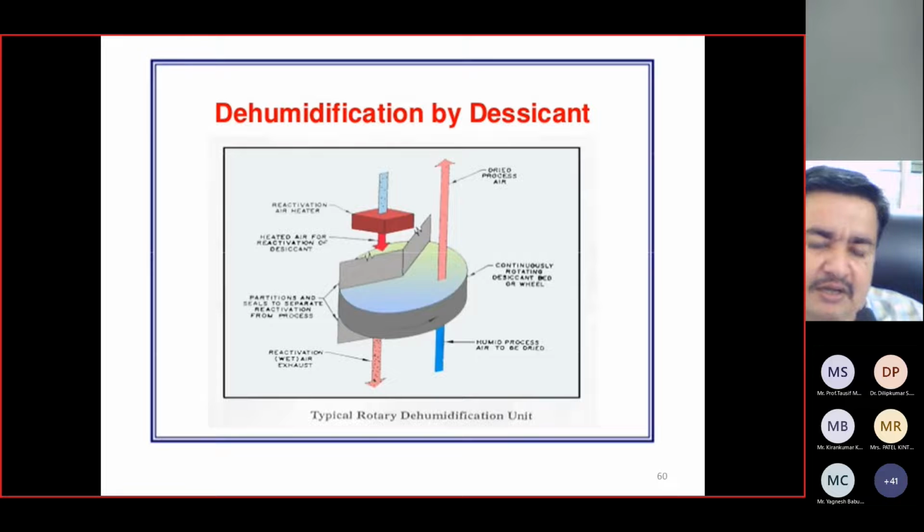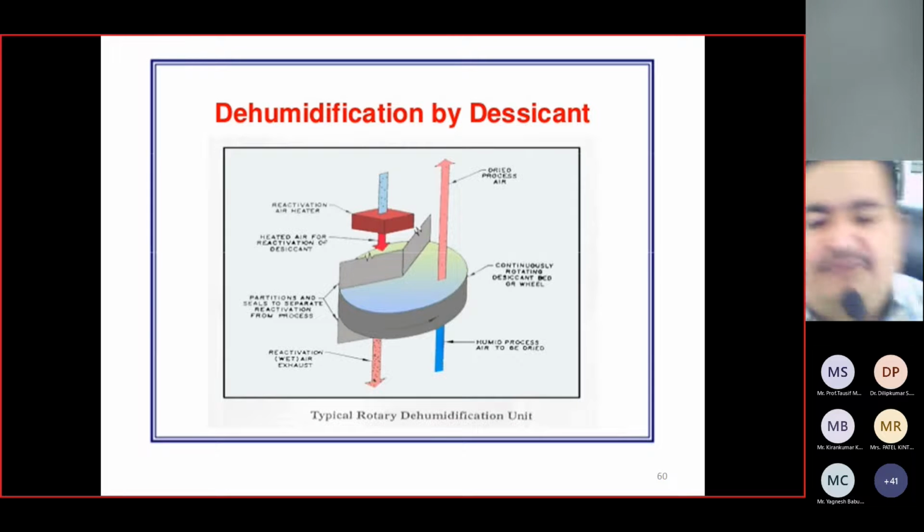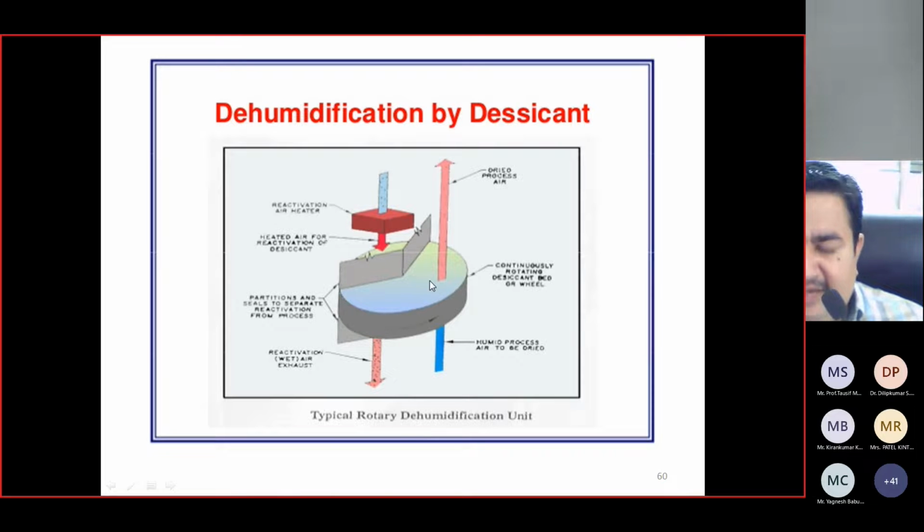This is a pictorial view of the construction of the dehumidifier. In the schematic, you can see that the total circumferential area of the desiccant wheel is divided by a divider in between. One side is the process air side and the other is the regeneration air side. The purpose is that it should work continuously in a cycle to make a constant dehumidification of the air.